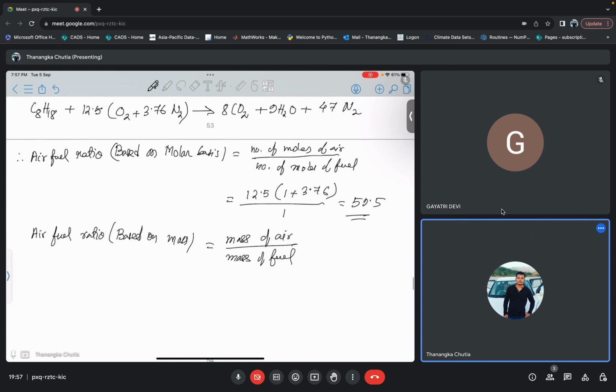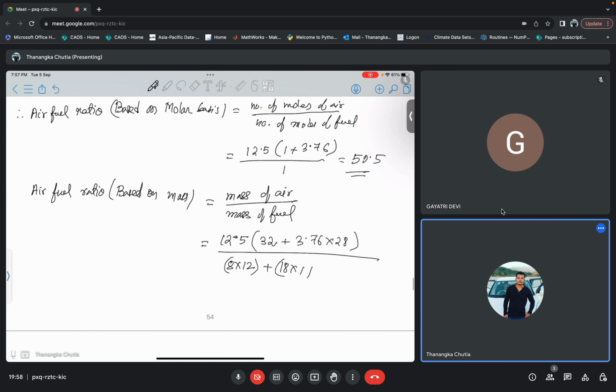So mass of air will be 12.5, this is the number of moles, now 32 plus 3.76 into 28, just like the previous question, and this will be 8 into 12 plus 18 into 1. You put this, you'll get this one as 15.05.